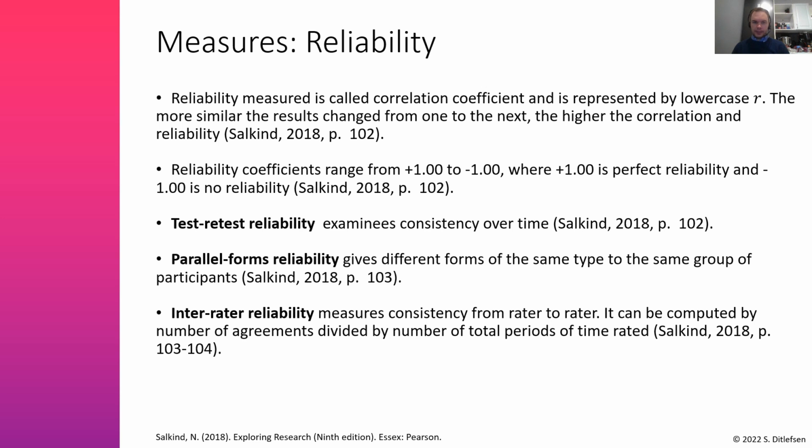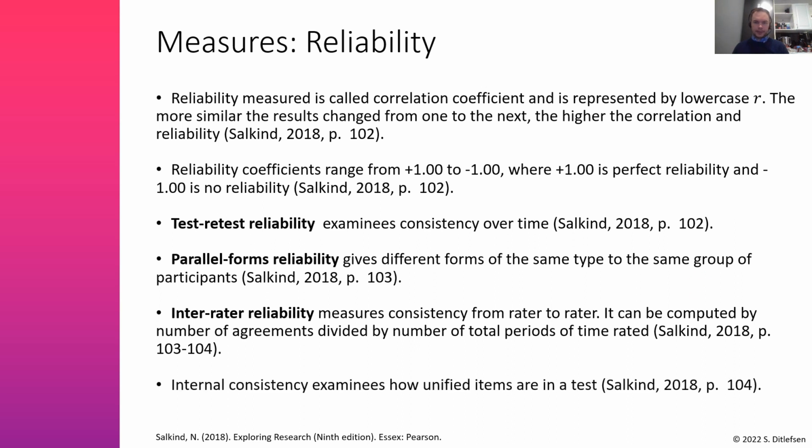It can be computed by the number of agreements divided by the total number of periods of time rated. And we have internal consistency, which examines how consistent the items are in a test. Here, the important ones are test-retest reliability, parallel forms reliability, and inter-rater reliability.